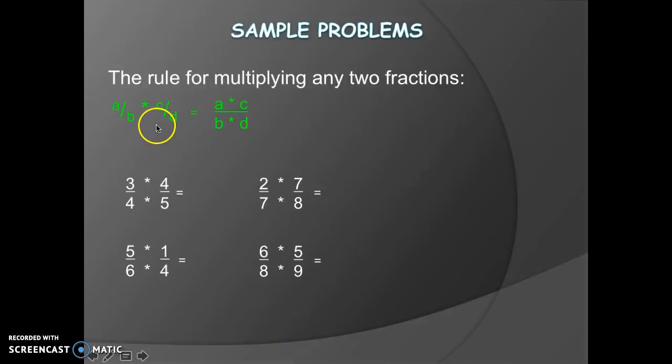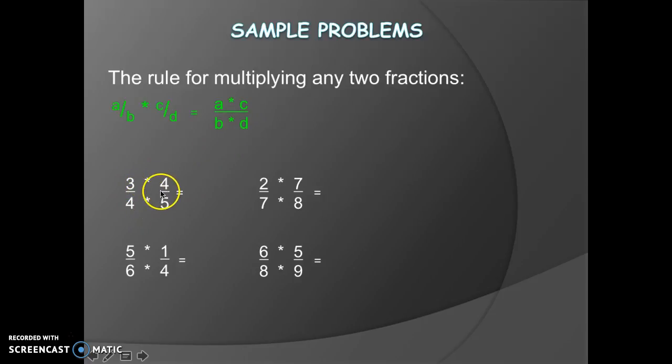Okay, so again, here's the rule. Simply multiply the numerators, multiply the denominators. Or I like to say multiply across the top, multiply across the bottom. Simple as that.